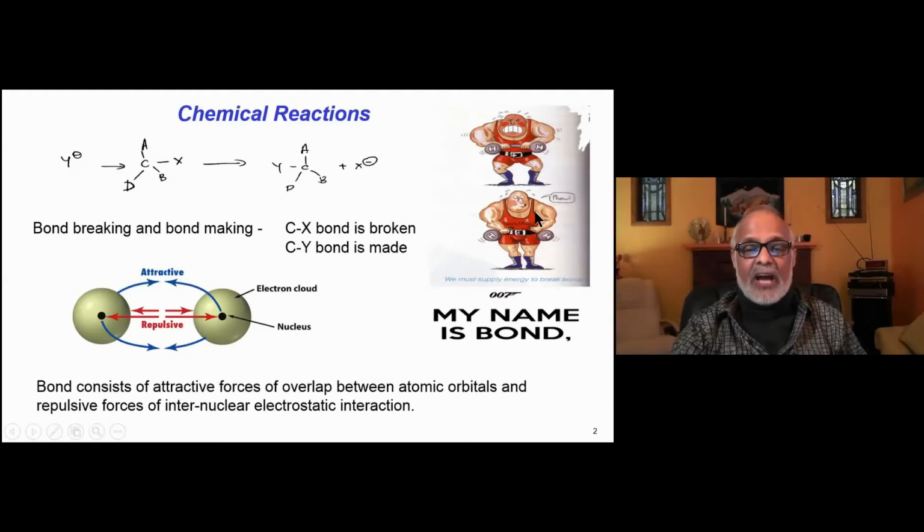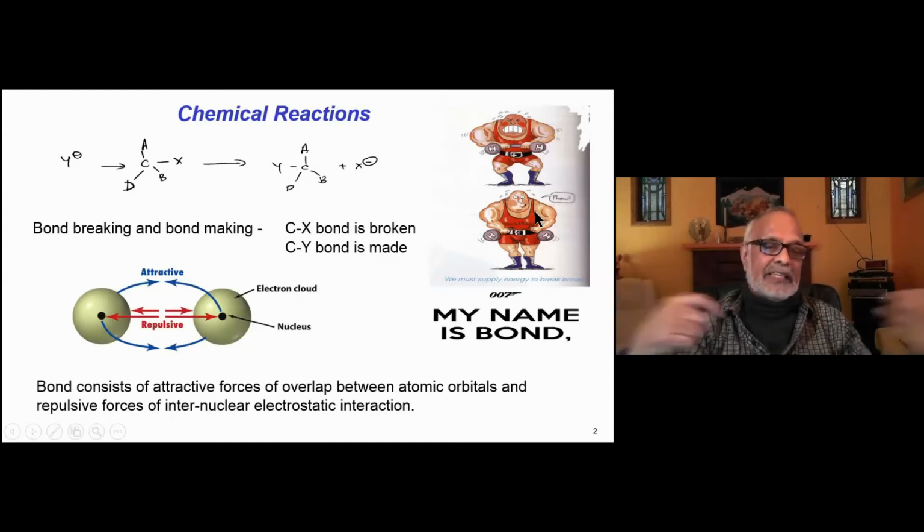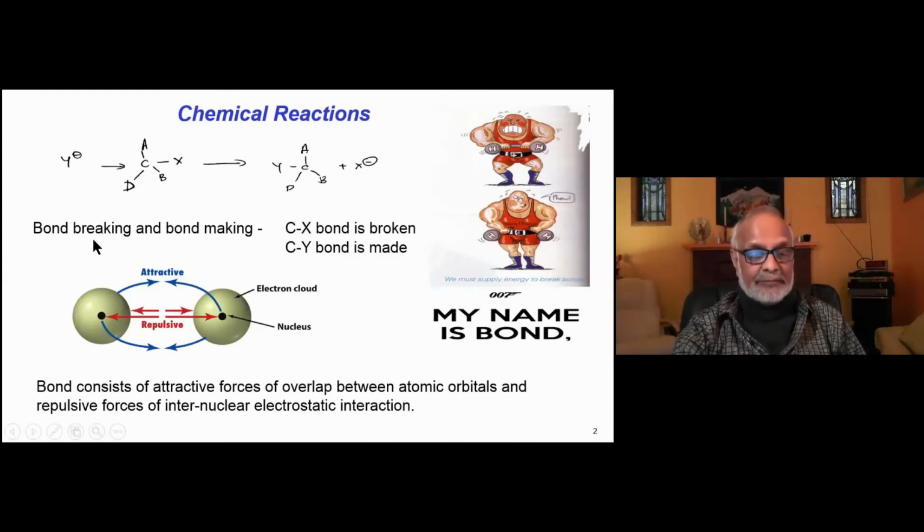So bond breaking always takes energy and bond making always gives out energy. And for all that, we need to understand what bonds are, okay? If you have two atoms, they have a nucleus and electrons. The nucleus is positively charged, so the nucleus will repulse the other nucleus. There's a nuclear repulsion.